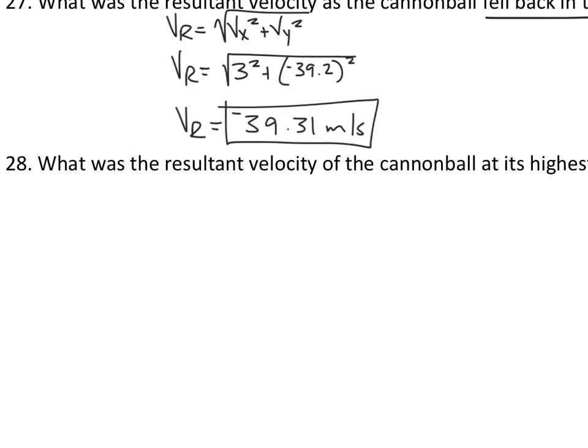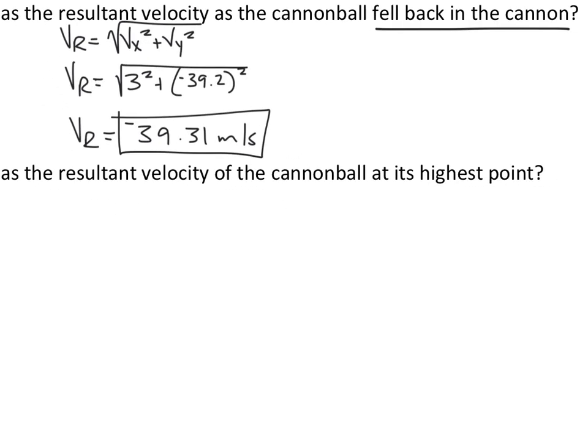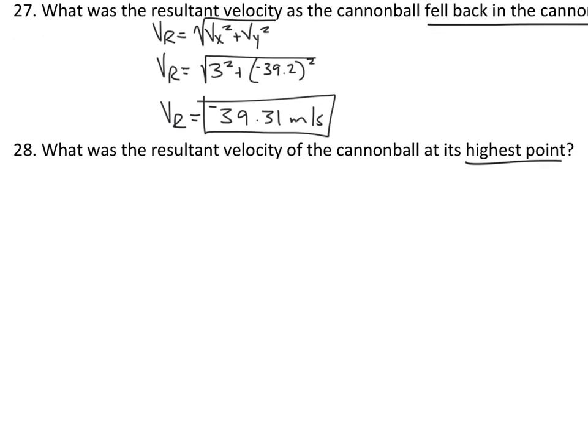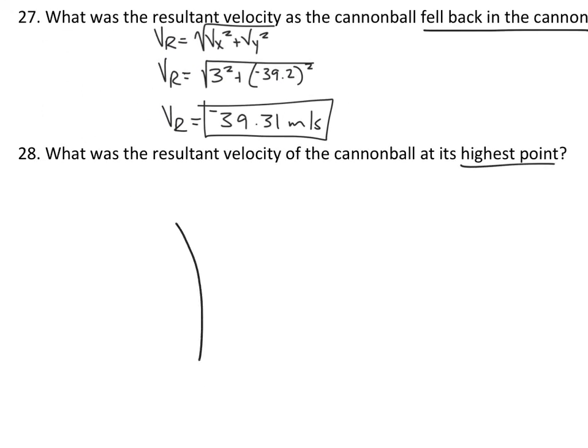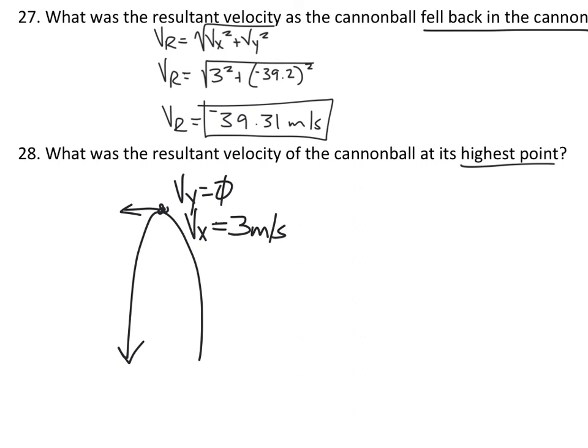Now the last one is asking for the resultant velocity at the highest point. Okay, so at the highest point, we have a vertical velocity of 0. But it's still moving horizontally at 3 meters per second. Okay, so the resultant velocity says that the square root of Vx squared plus Vy squared will give me that resultant velocity.